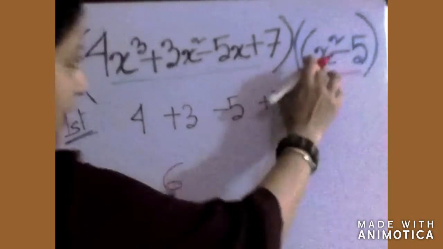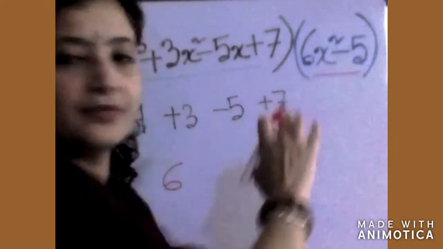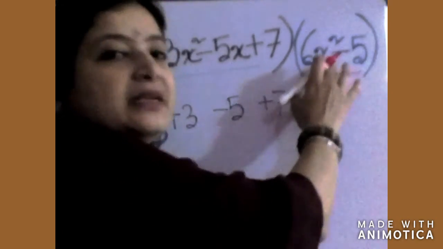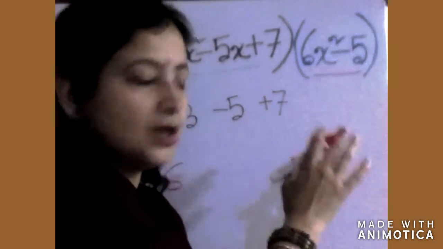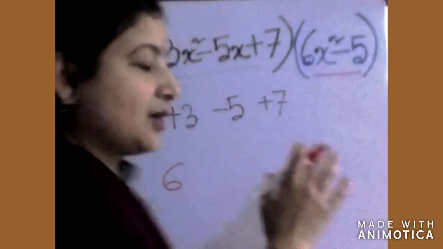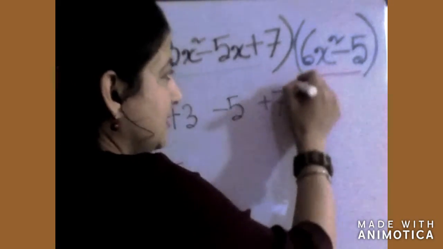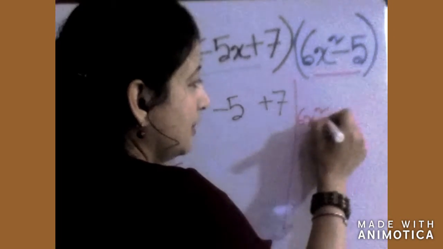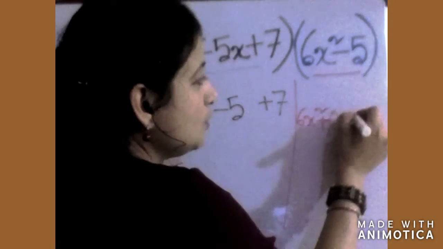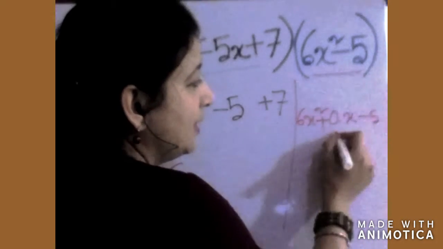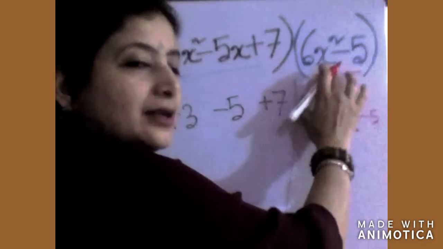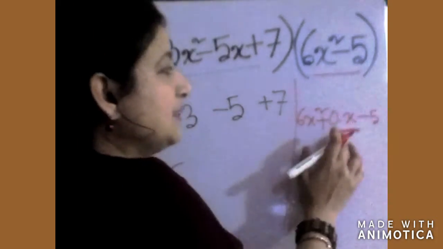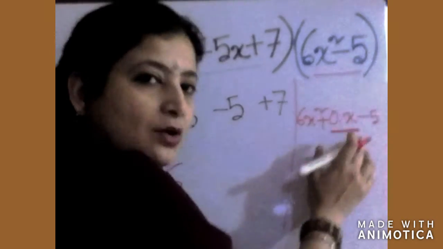Now after x square, the next power should be x, but x is missing. So if we think of it as 6x square plus 0 into x minus 5, then it is valid, because something into 0 is 0, so x into 0 is 0.